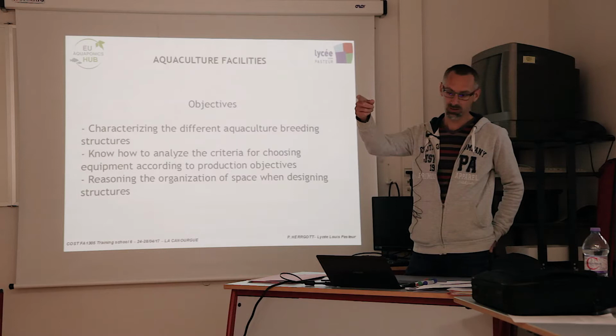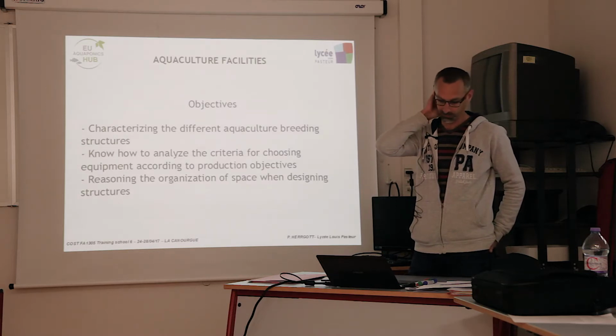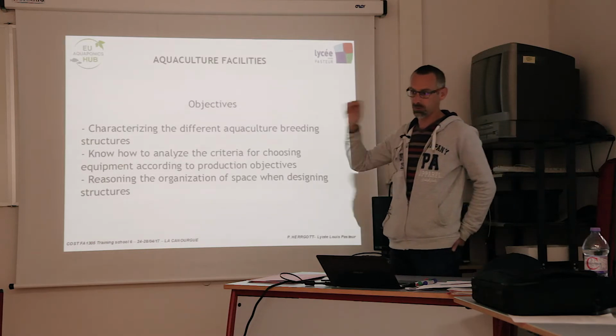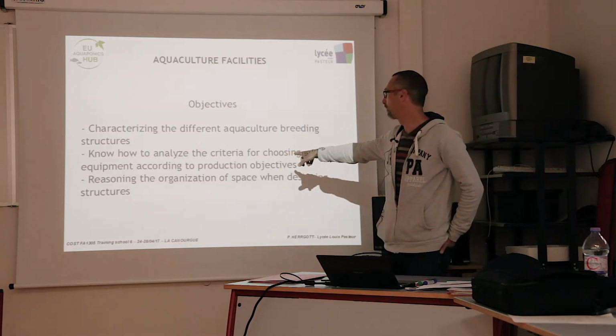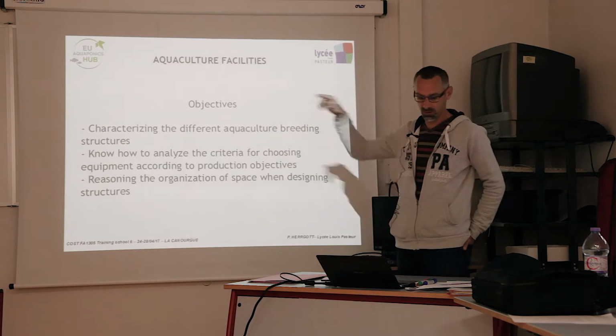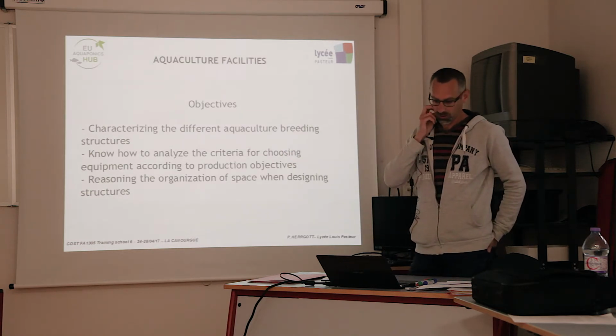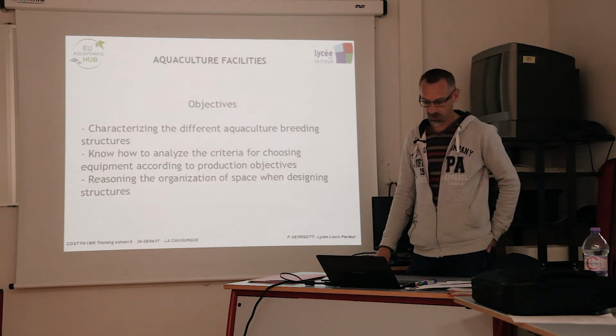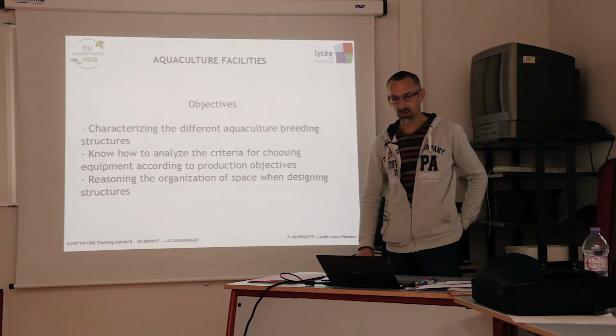You will see it tomorrow morning, according to the production objective. You have here the ratio we just spoke about. And the third objective, reasoning the organization of space when designing structures.